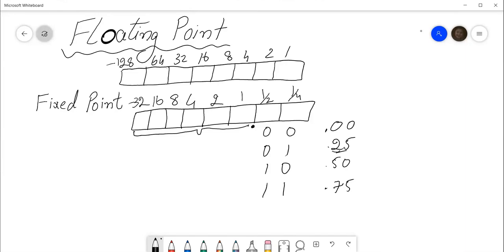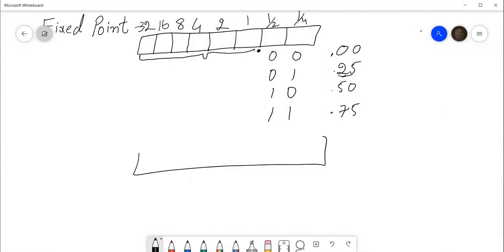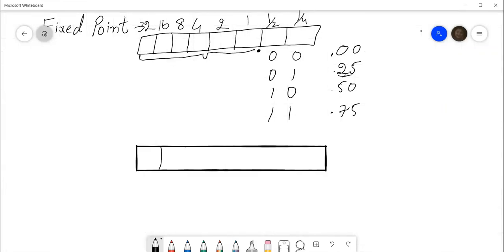Now let me show you another example. Let me put the decimal point here, with place values 1, 2, 4, 8, and minus 16. So you see, we place the decimal point at the third place, assuming that it is over here.